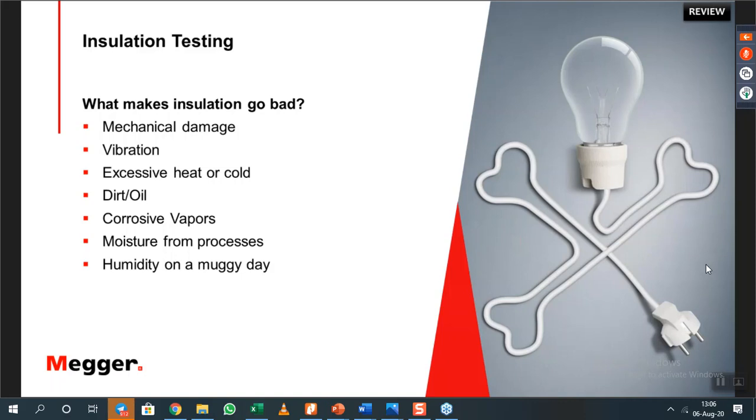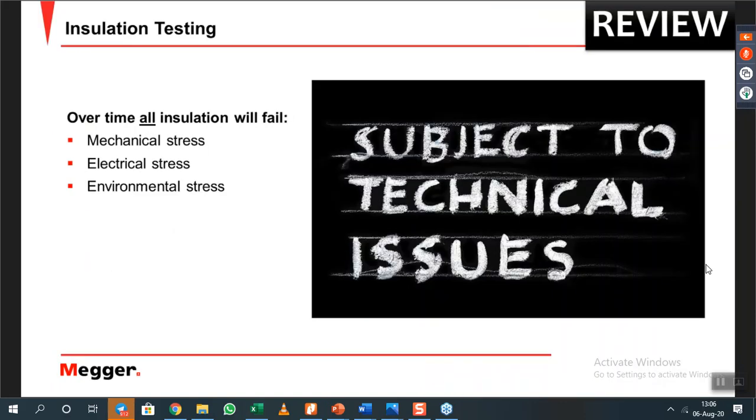It will make our insulation bad. And over time, all insulation will fail because of mechanical stress, electrical stress, and even the pollution in the environmental stress.